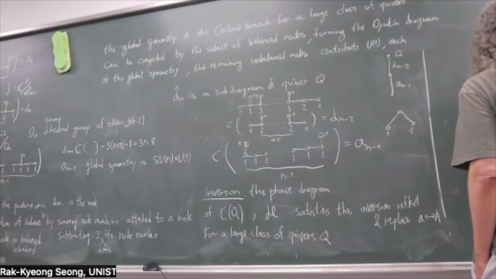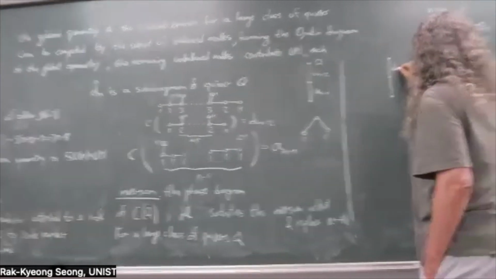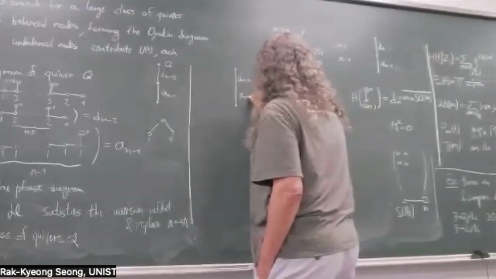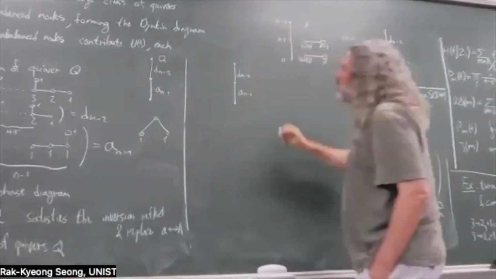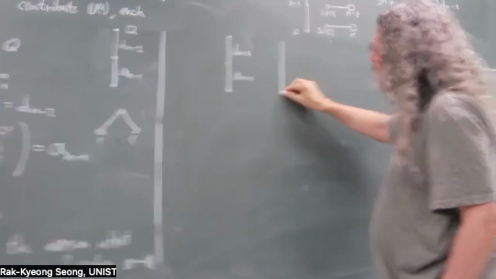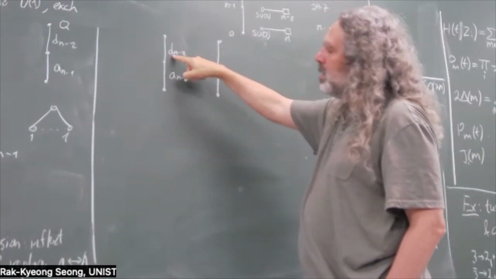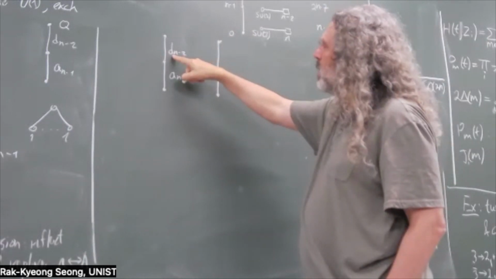So if I take this as a diagram, what does this curly H mean? Well, let's do it. If I take this diagram, B_{n-2}, A_{n-1}, now I'm going to reflect it, so I'll get a new diagram, and I replace lowercase by capital.